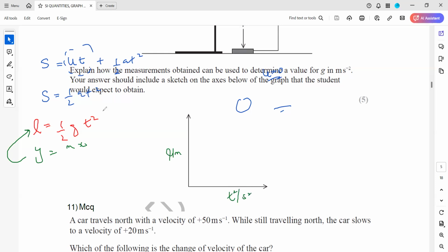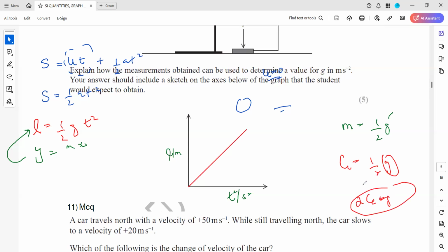First thing, it will be a straight line. Why is it a straight line? Because the gradient is half g. g is constant, half is constant, so it must be a straight line. And that straight line should pass through the origin because there is no y-intercept, no quantity added here. So the gradient of this graph will be half g, and if I need g, twice the gradient will be equal to g.